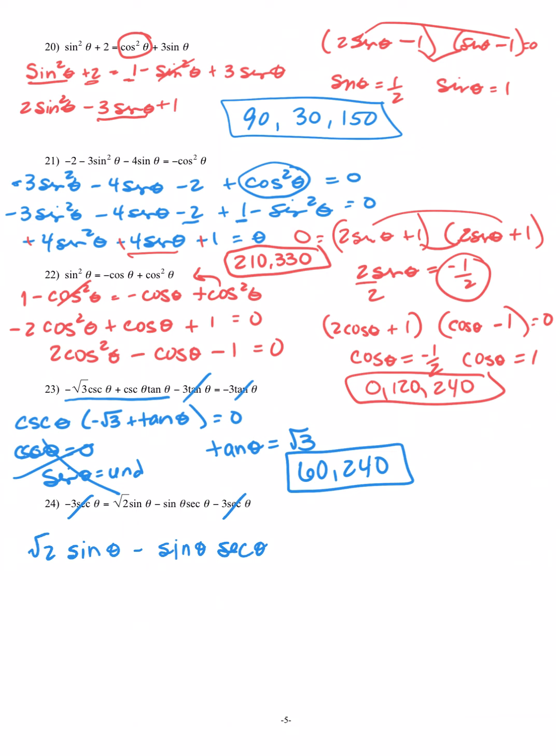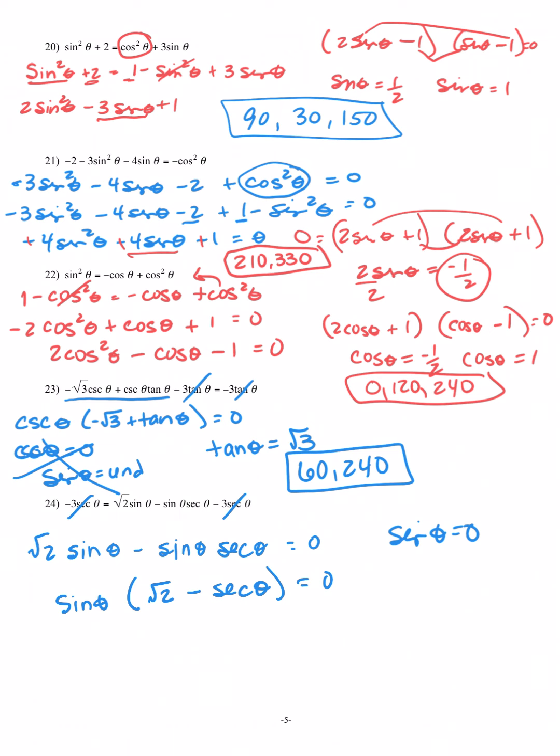And they have a sine in common, so we're going to take out a sine of theta, and we have square root of 2 minus secant of theta, and that means that's equal to 0, and that means that sine of theta equals 0, and that is 0 and 180.